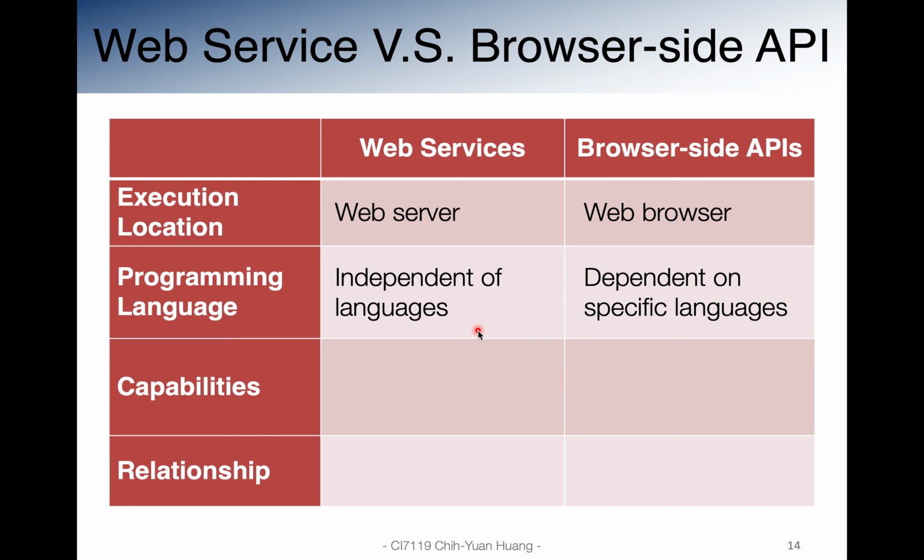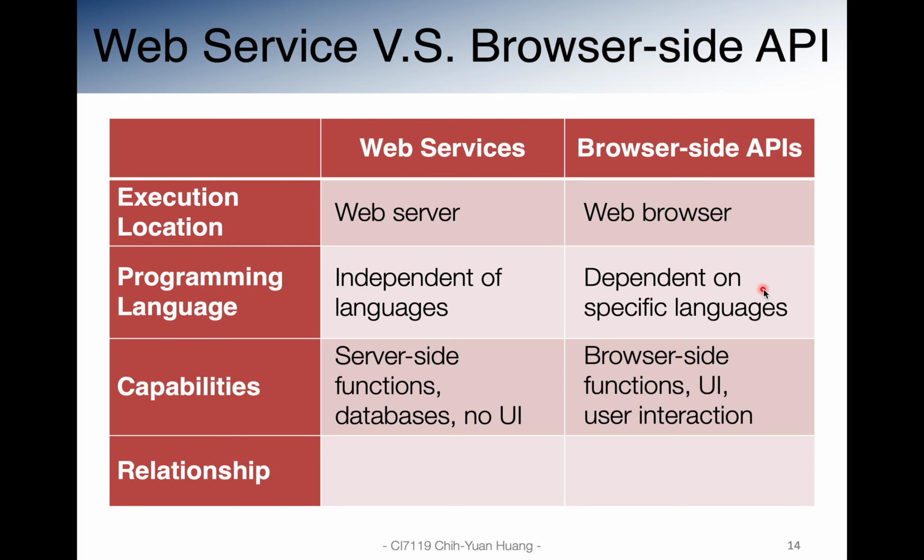You could use JavaScript, Java, C#, Python, and other types of programming languages to utilize the resources supported by the web services. If it's a browser-side API, then usually it directly gives you a certain SDK, a certain library, and that library was specifically designed and developed according to a certain programming language. So it usually depends on the specific languages.